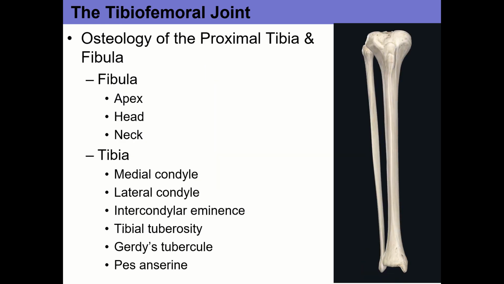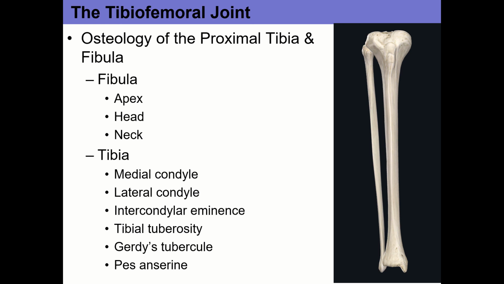All right, there's those. Okay, so let's talk about the fibula. There's not a lot of landmarks you need to know for now, so we're looking at just the proximal aspect. In the lower leg, bones, the tibia and the fibula.